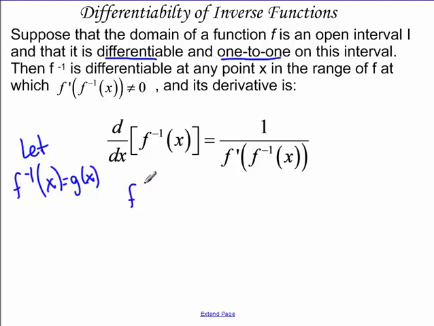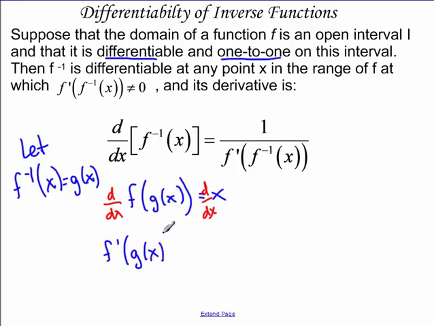Now we know that the composition of the original function and the inverse is equal to x. So now take the derivative of the left with respect to x. So I'm going to do d/dx on the left and d/dx on the right. The derivative of the left side is a chain rule derivative: the derivative of the outside function, leaving the inside alone, times the derivative of our inside function.